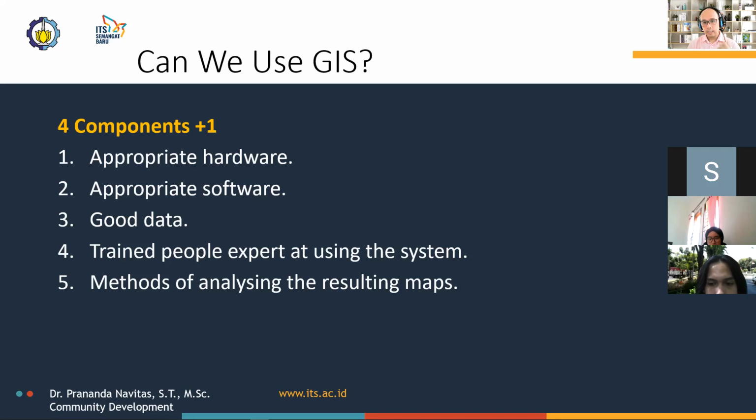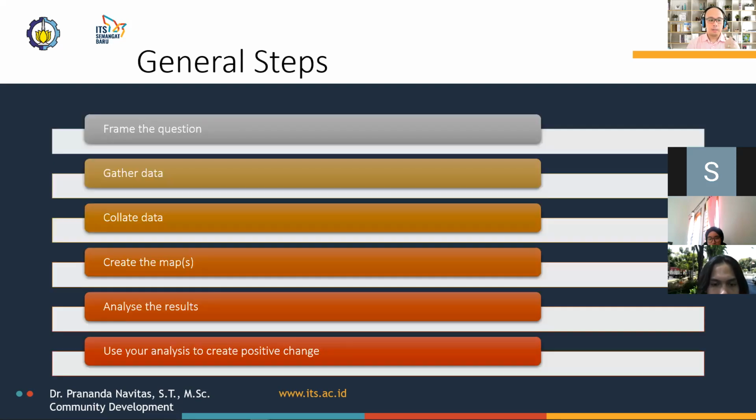So let's get on with the community mapping. There are 6 steps in general to conducting a community mapping session.